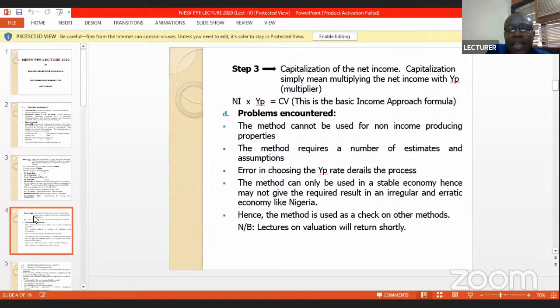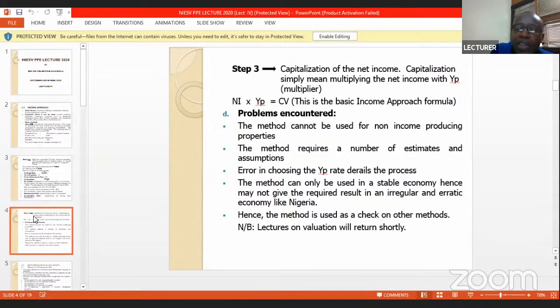So that exercise of multiplying the net income with the YP is called capitalization. And that is why the YP is sometimes called the multiplier, multiplying the net income to arrive at the capital value.